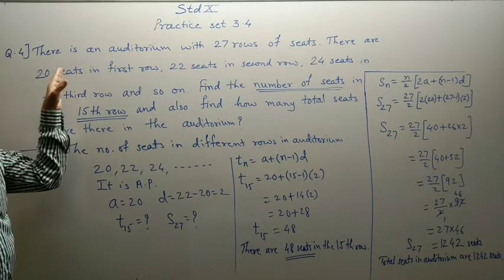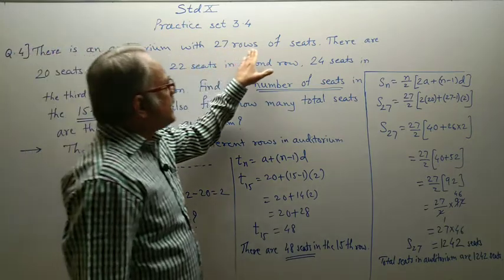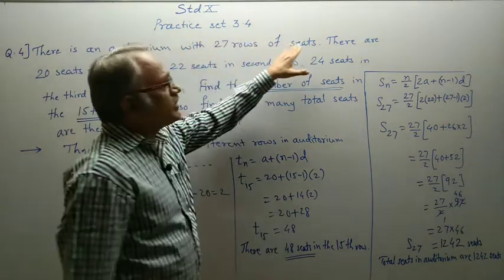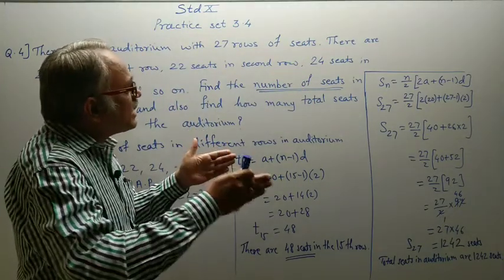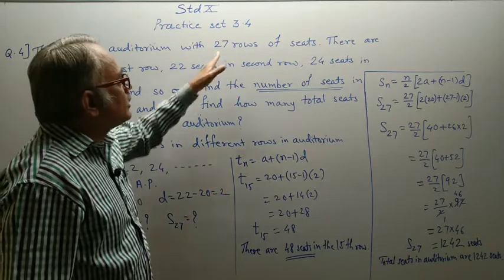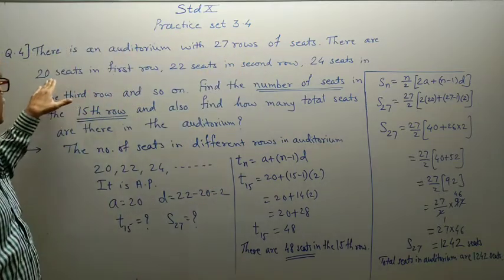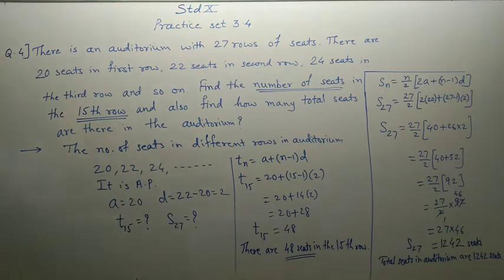Once again I will explain, pay attention. There is an auditorium with 27 rows of seats. Total rows are 27. Means total lines are 27. In each line, in first row, there are 20 seats. All of you know auditorium. Look at this. Generally auditorium is like this.